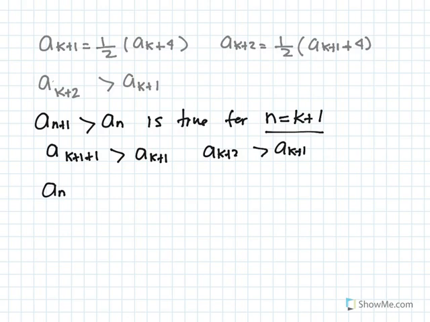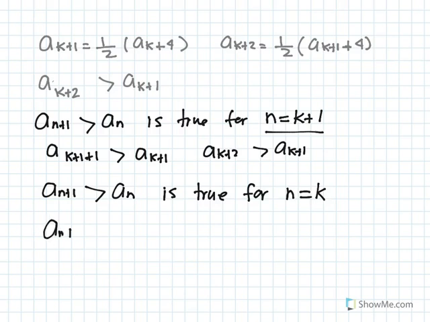But by assumption, a_{n+1} is larger than a_n is also true for n equals k. And this is how induction works. So by mathematical induction, a_{n+1} is larger than a_n for all n.